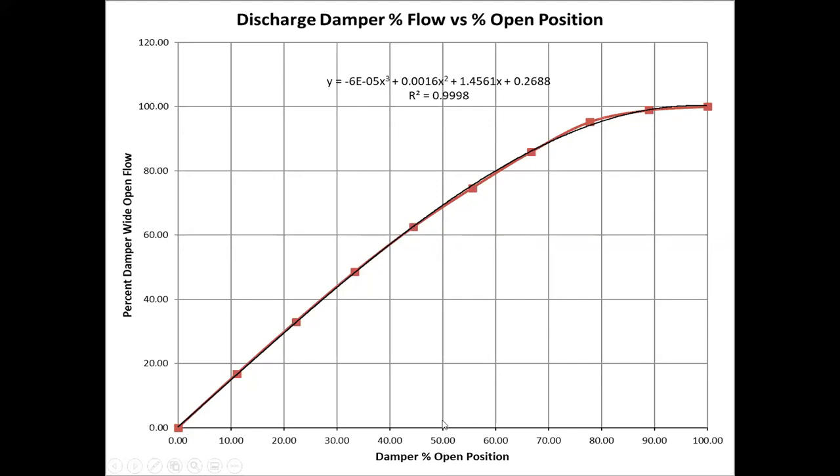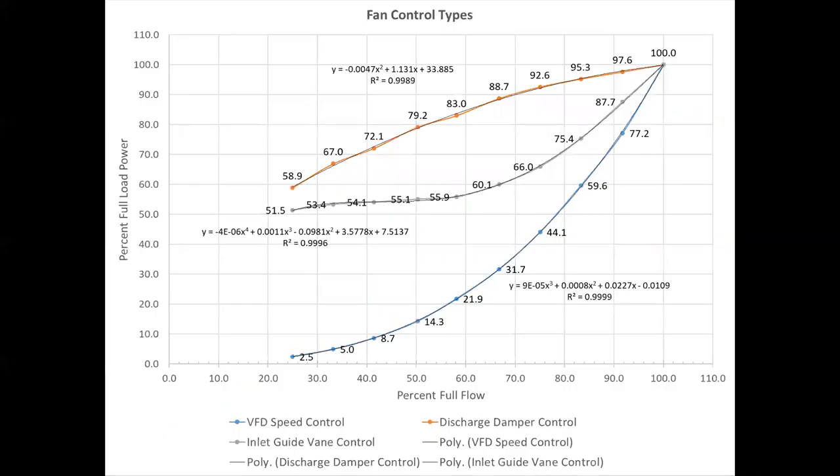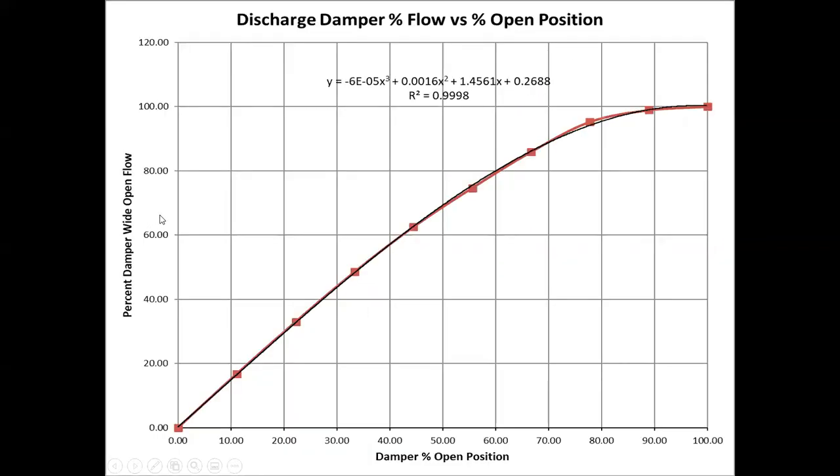If I observe a 50% damper position, I'm likely to be at 70% flow, because these things are not linear at all. If I'm at 70% damper position, I'm like 88, 89% flow. And when I go to my power curves, it's percent flow that I'm going to correlate to power. So I have to be concerned with this.